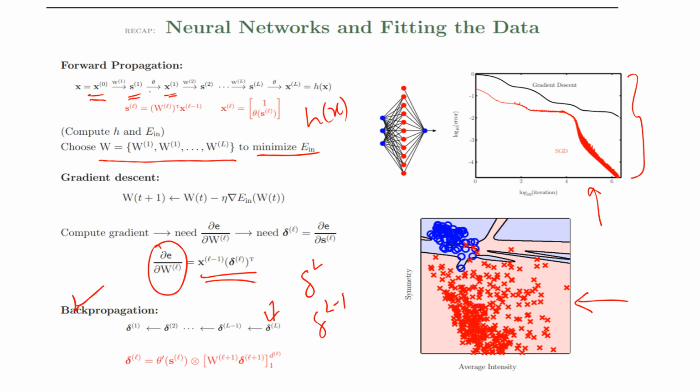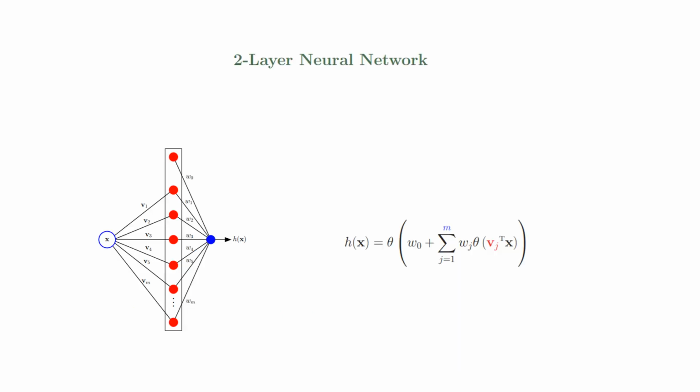So let us begin. We are beginning to talk about a very simple neural network, which is just a two-layer neural network, in fact just a single hidden layer. So this is my hidden layer. In practice, of course, we never work with such a simple model, but this will help us realize a lot of properties of the neural network and how we can work towards generalization versus approximation.